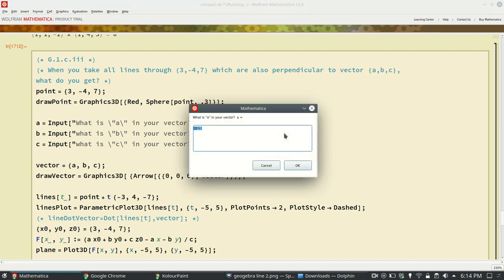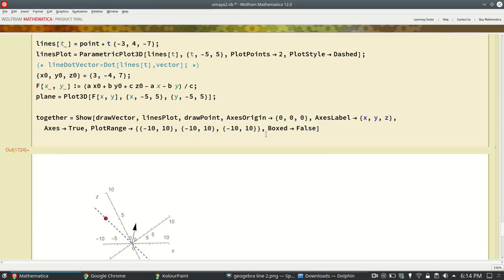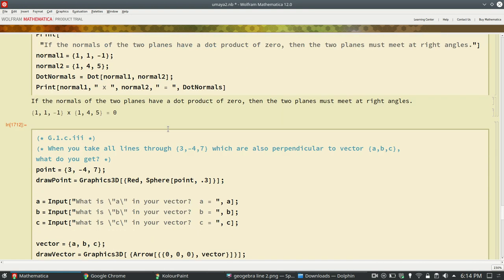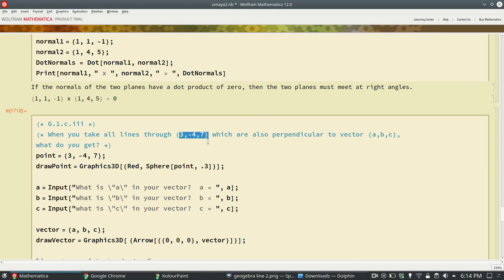We're going to define any ABC. So let's say A is 1, B is 2, and C is 3. For any vector like that, right? So this black thing is the vector that I just entered, and this red thing is the point that was given in the problem. They asked for point 3, negative 4, 7, right?